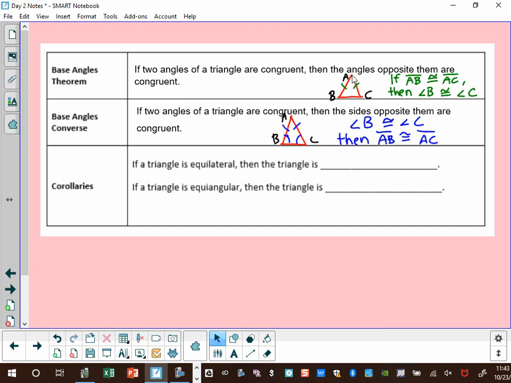So that means we're always looking for either the congruent hash marks or for the base angles to have that little arc on it.